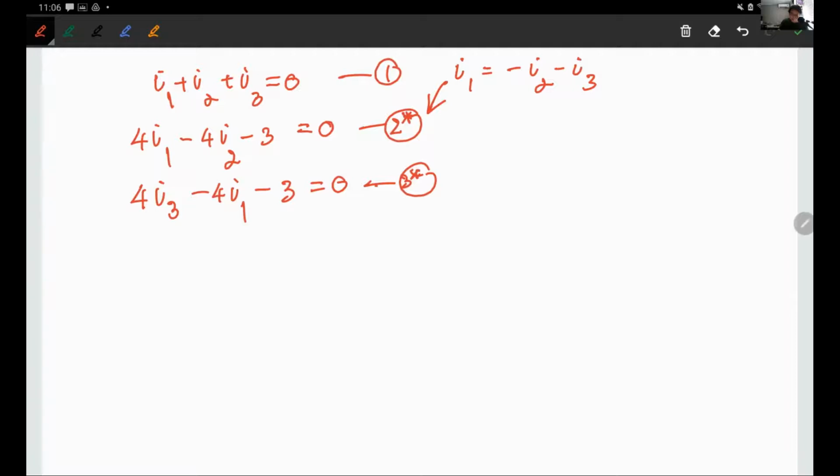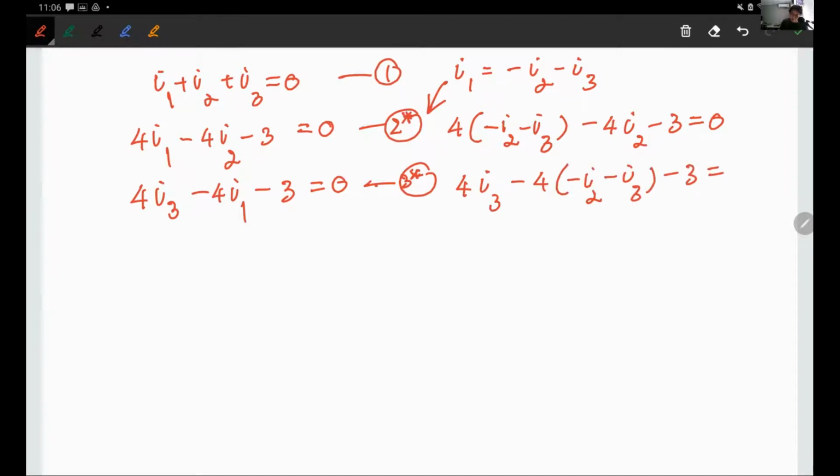So it's a negative. And then 4I3 minus 4, something like that. This is my scratch paper at this point. So let me work on this one. You're going to get negative 8I2 minus 4I3.